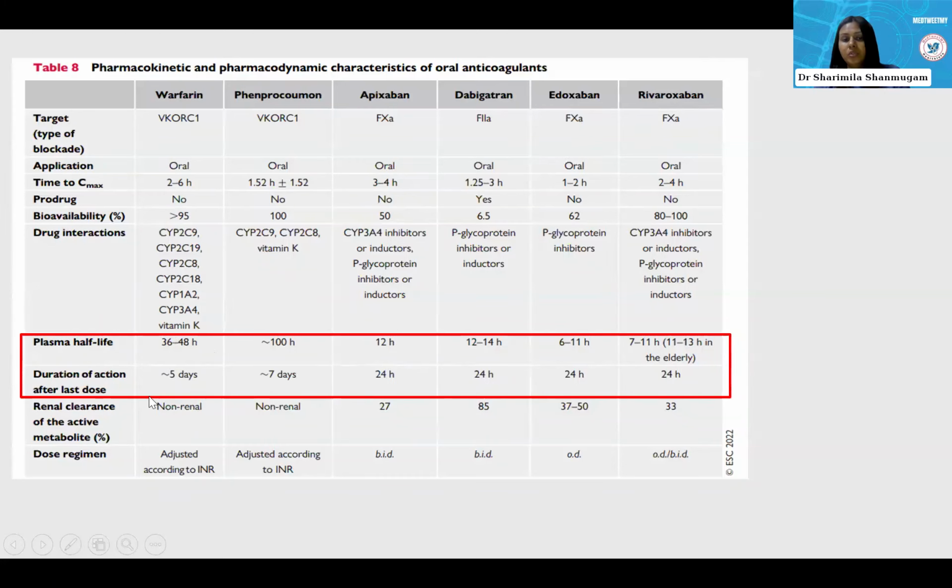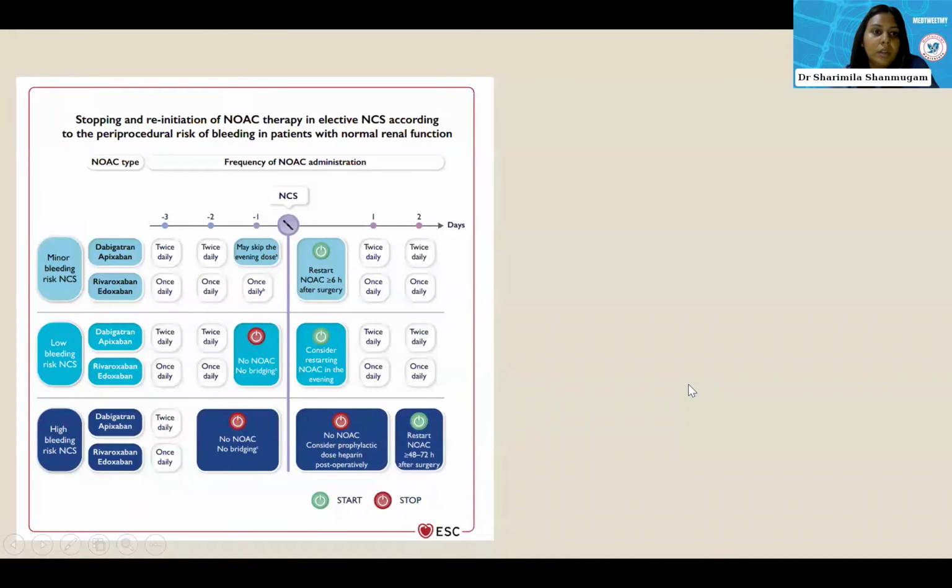So whether or not we should stop for this patient, and when do we need to stop? So the duration of action after the last dose, warfarin still 5 days, and for the OACs, 24 hours. So stopping or reinitiating the oral anticoagulation therapy in elective patients.